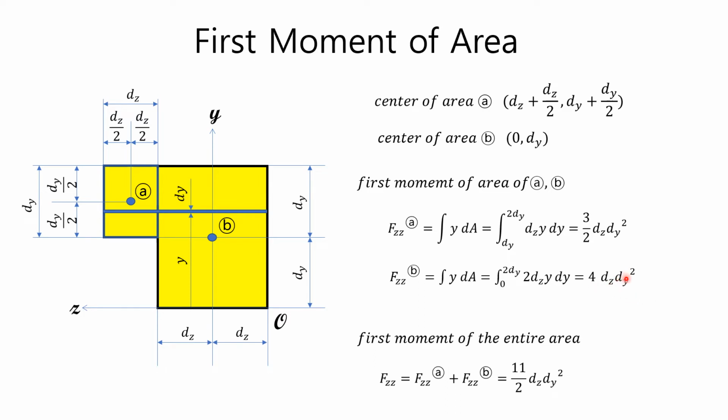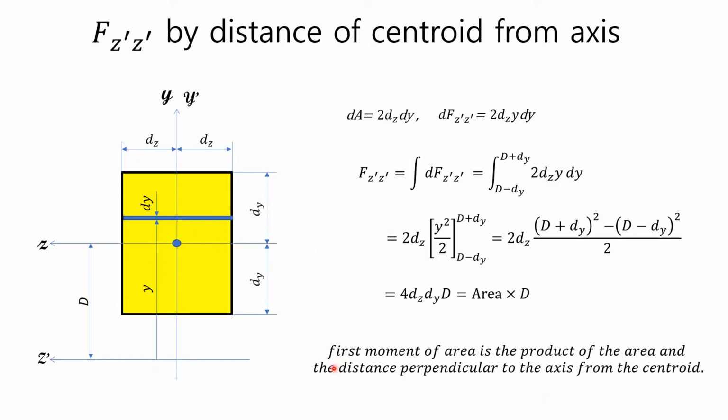The first moment of the entire area, FGz, is the sum of the individual ones, FGzA and FGzB, which is 11/2 dz dy squared.